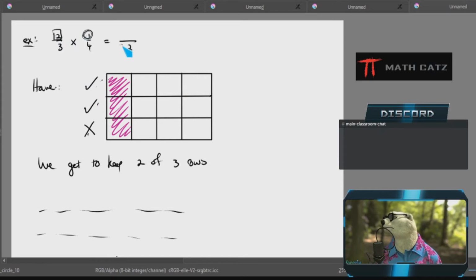So let me actually backtrack here. I should have been more clear. It's 3 times 4. And it's always going to be the product of the 2 denominators, my new denominator. And because of what I do in my basic method, it's always going to be the product of the 2 numerators.